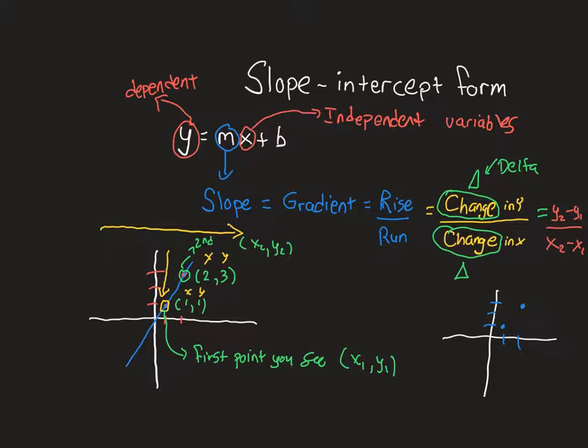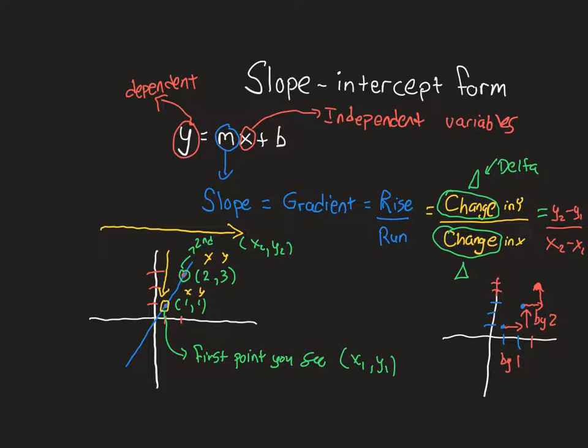So in this case, you can see that from one point to the other, I went to the right by 1, and I went up by 2. Which means my next point would be, if I went to the right by 1 and up by 2, my next point should be here.